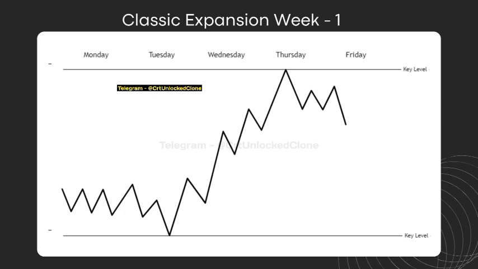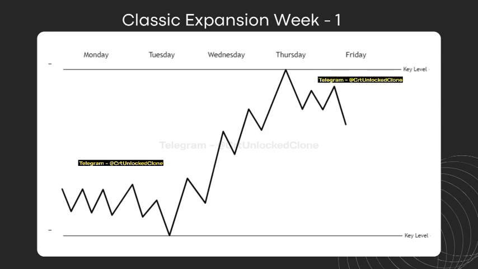Now, remember, this isn't the only way of looking at market profiles, right? There are other ways too, which also work. But the most refined way of classifying market profiles and dividing them is by using time. And in this case, we're going to use the time of the week, which is the day of the week, and we're going to classify each day into a different market profile, right?